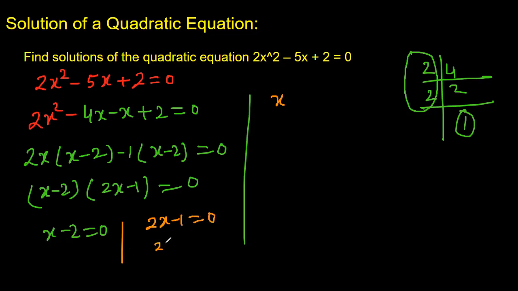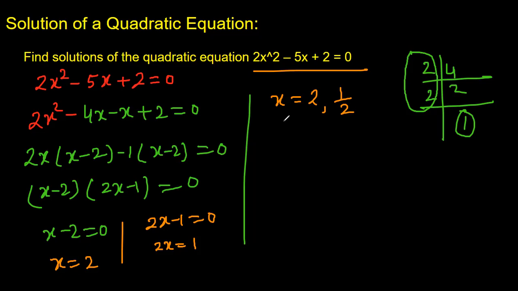So this will give you 2x is equal to 1, and the other one from here, we get x is equal to 2. So finally, we can write our answer. We are getting two solutions of this quadratic equation, x equal to 2 and x equal to 1 by 2.